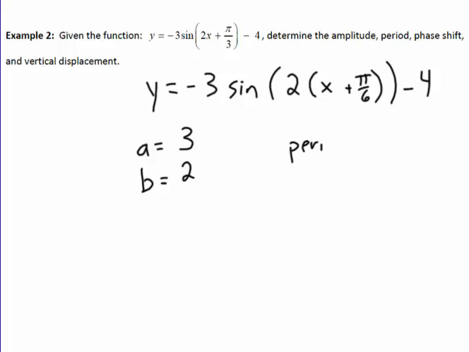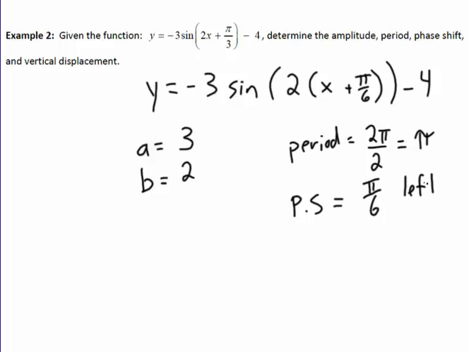So the period of this function is 2 pi over B, which tells us the period is just pi. The phase shift, well, phase shift exists in this case. It's now pi over 6. And because it's plus, we are going to the left. And we have a vertical displacement. In this case, again, just reading from the equation, of 4 units down.